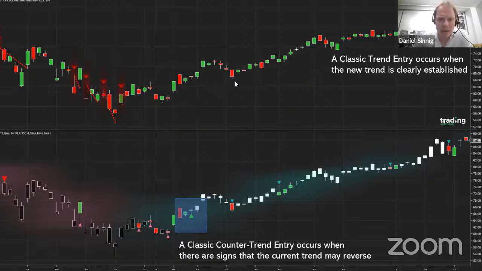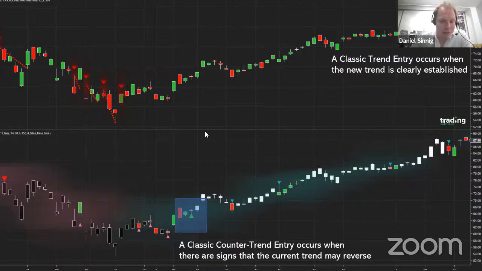We can see this as price makes higher lows and higher highs, but we also have taken out the previous high of the previous uptrend. So signs that a new trend has been established are quite significant, and we perhaps might enter into the market at this signal here, as indicated by one of our indicators, which we call the 1, 2, 3 strike indicator.